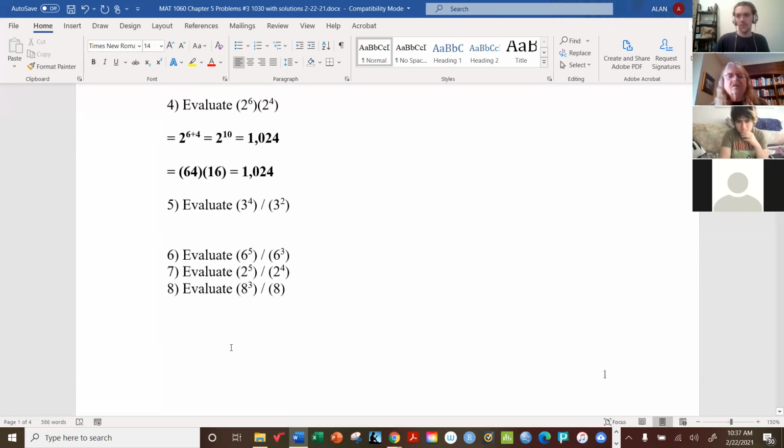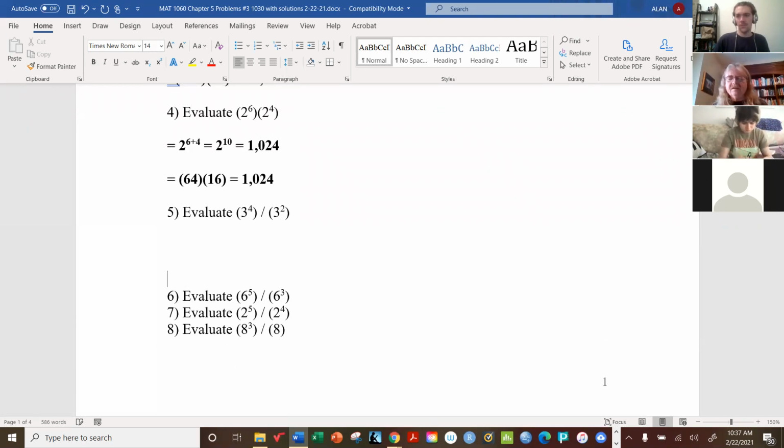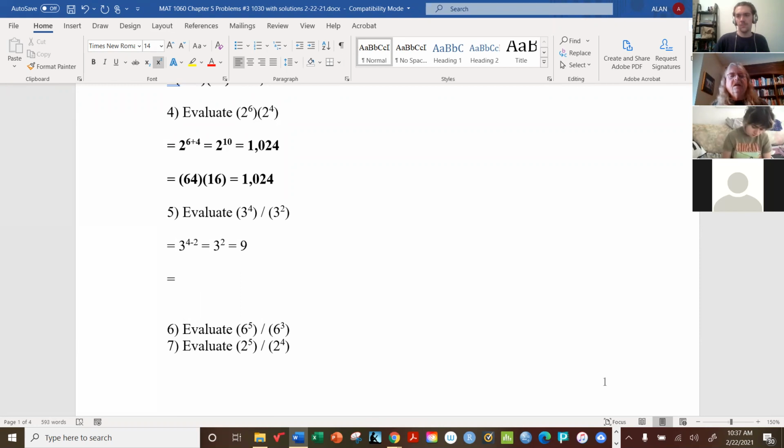Now, instead of using the product rule, we can use the quotient rule, which means the exponent is not 4 plus 2. It's 4 minus 2. So it's 3 squared, which is 9, or else you can think of this as 3 to the 4th is 81 over 9, which is just 9.